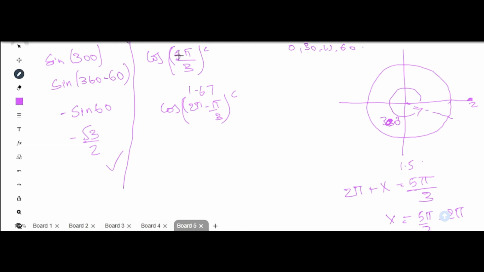When you divide 5 pi by 3 from a fraction to a decimal, you observe that it is crossing 1.5. The value you're getting is 1.67, which is beyond 1.5, so it's somewhere here. That means you have to move from 2 pi itself. So 2 pi minus pi by 3 is fine to you?